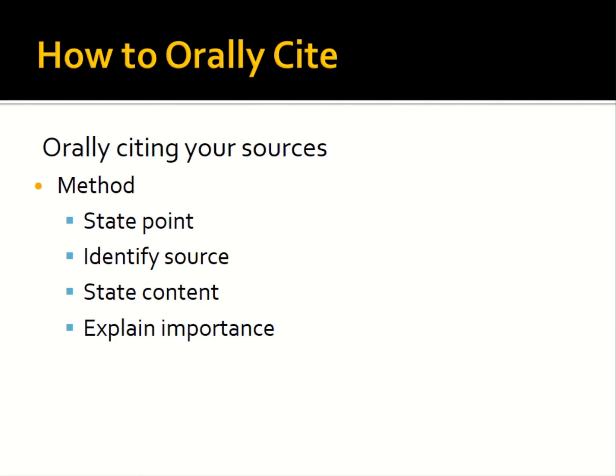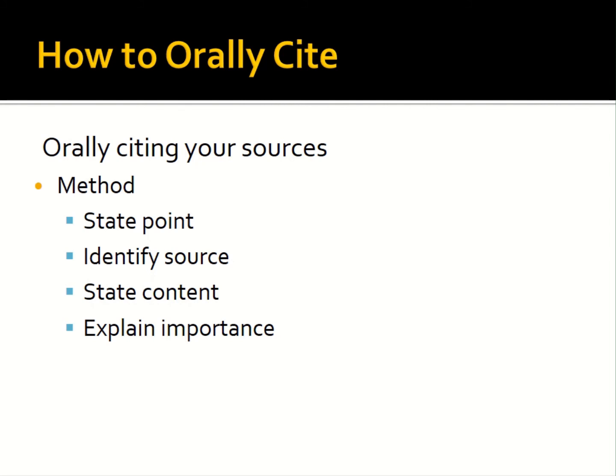I've said this several times now. You need to orally cite your sources. Here's a method for you. While you're citing your sources, you state the point that you are trying to make. So this is your perspective. I believe this. Then you identify your source, according to the Wall Street Journal or whatever your source may be.